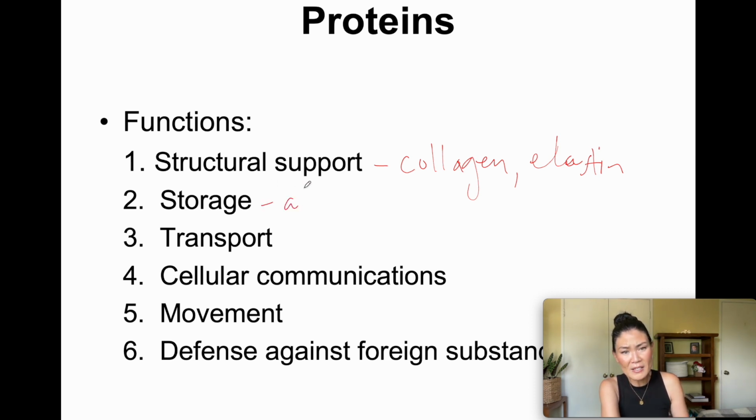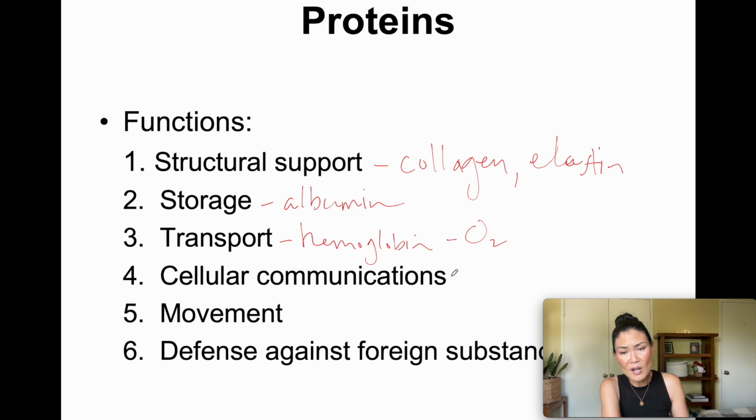Storage, like in eggs, there's albumin, which provides storage within the egg, protein that the little chick that's growing can use. Transport would be like hemoglobin, a protein that transports oxygen throughout your whole body.